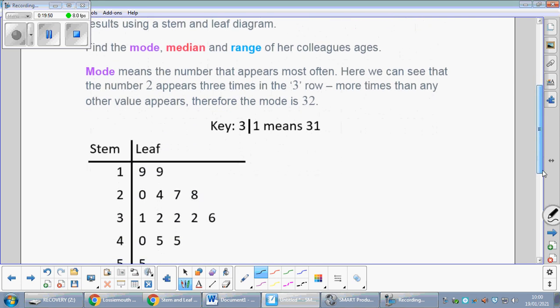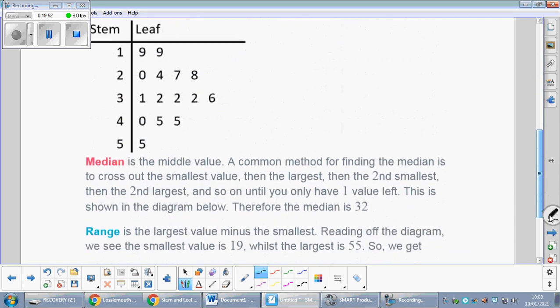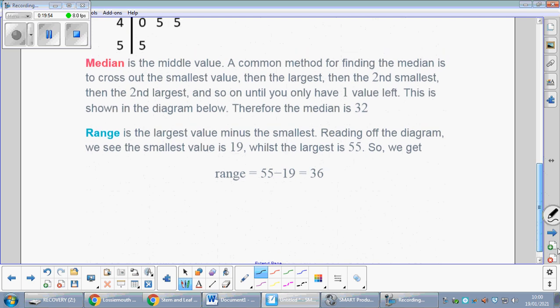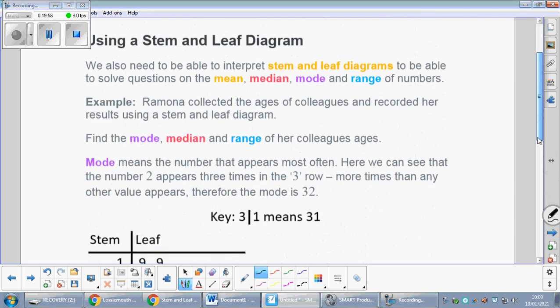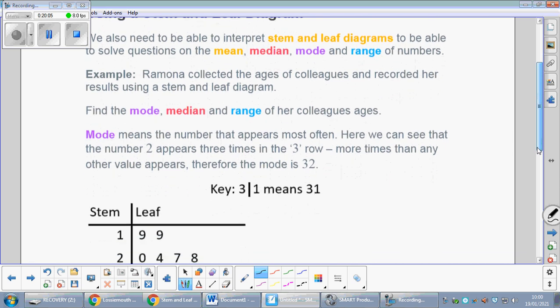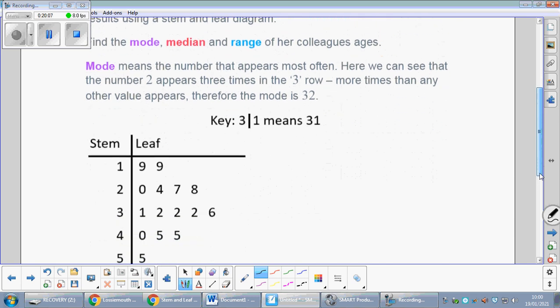Now all your stem and leaves should be ordered, the ones that you're drawing, okay? Now that little bit there just shows you everything. You can stop the video and have a look at that. It just gives you a little bit of a résumé of what I've been saying.